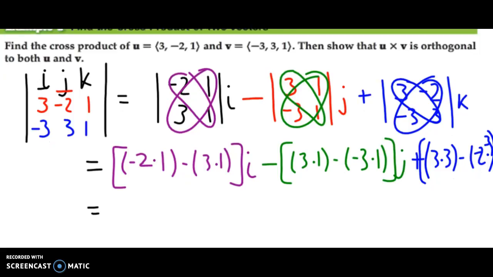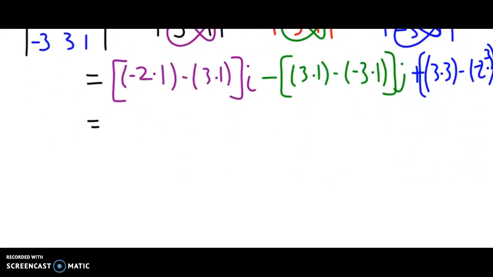So I go through. Negative 2 times 1 is negative 2, minus 3 times 1 is 3, so negative 2 minus 3 would be negative 5i. Minus 3 times 1 is 3, minus negative 3 times 1 is negative 3, so 3 minus a negative 3 would be 6j.